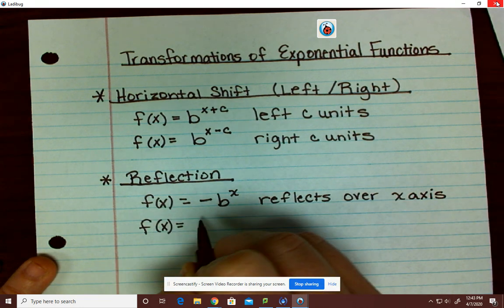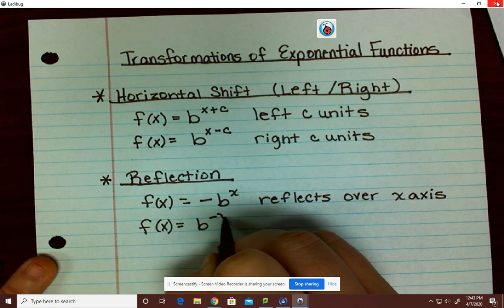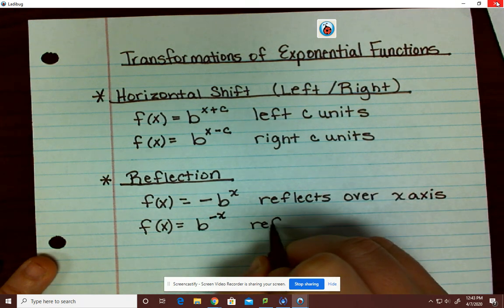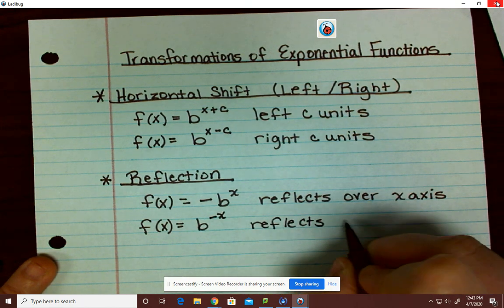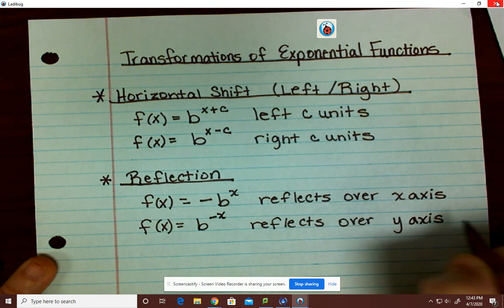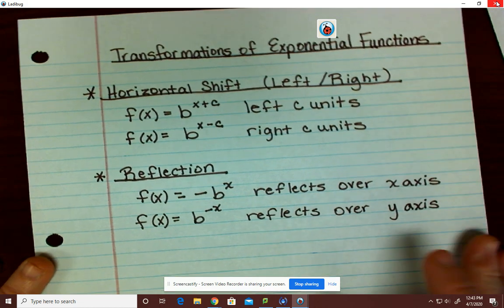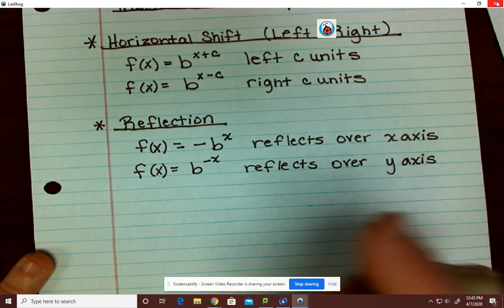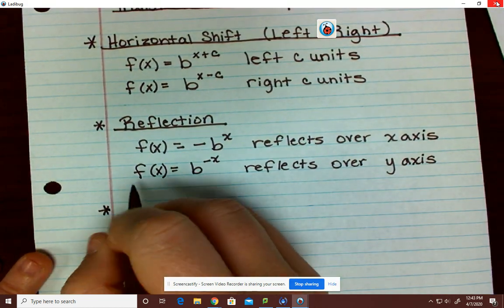And when we have the negative on the inside, or here on the exponent, that reflects it over the y-axis. So same idea as when we did transformations before.